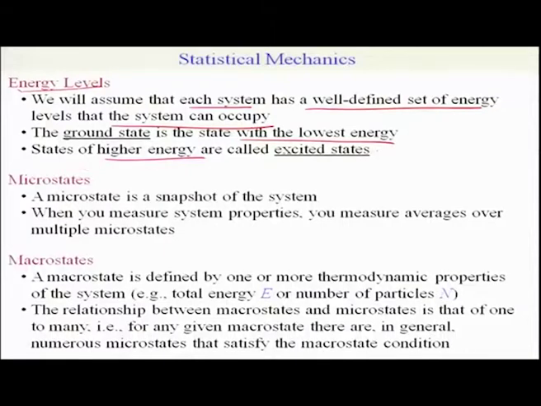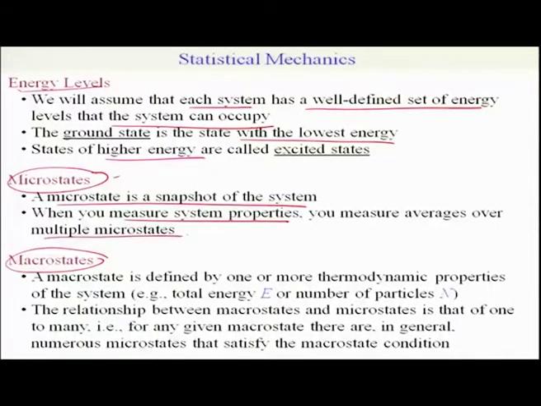We often use terminology such as microstate and macrostate. A microstate is a snapshot of the system. When you measure a system property, you measure averages over multiple microstates. Phase space is a combination of various positions and momenta, and each point in phase space represents some unique position and momentum of the particles.